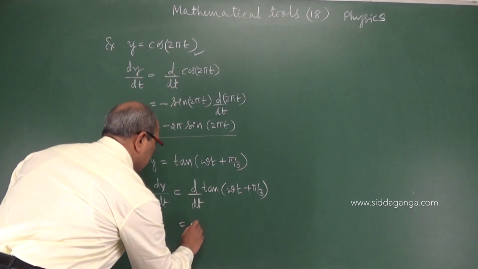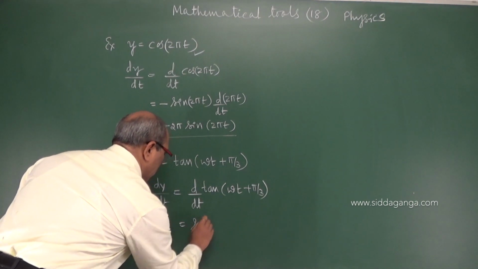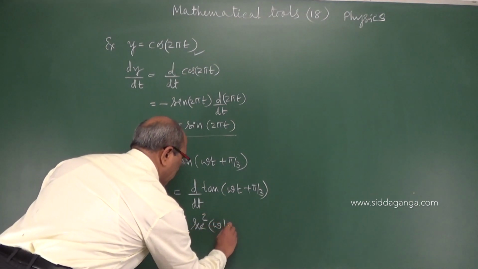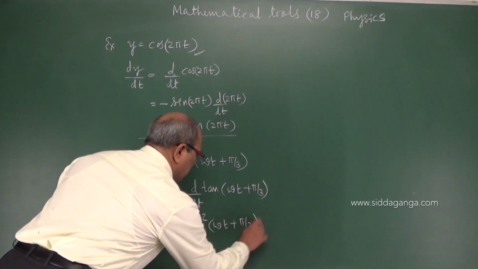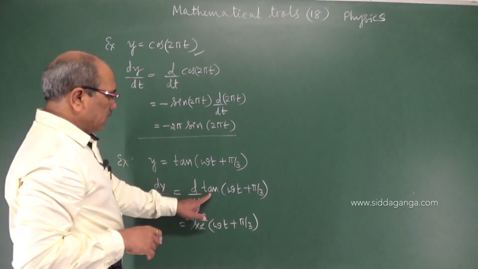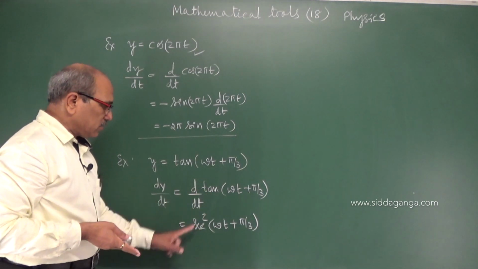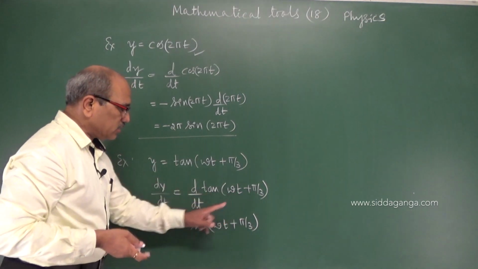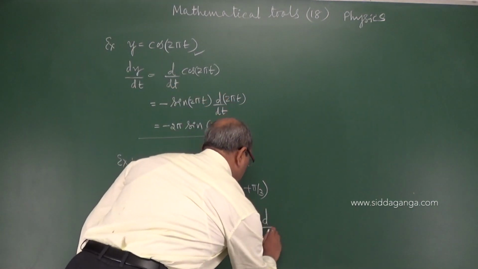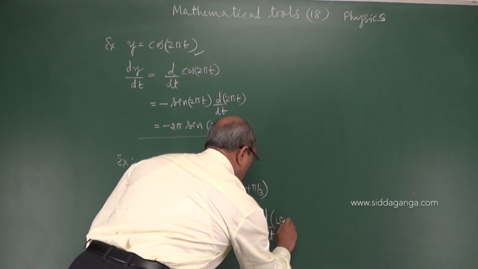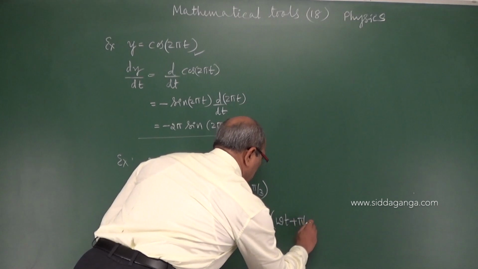You know the differentiation of tan theta is secant square theta, here theta is omega t plus pi by 3. Secant square into theta. Again I have to differentiate this with respect to t, that is omega t plus pi by 3.